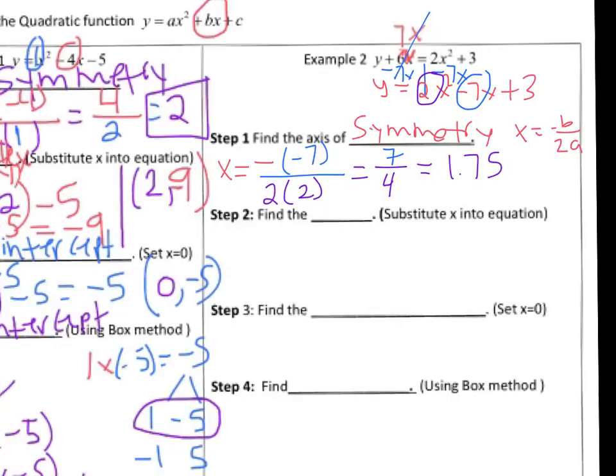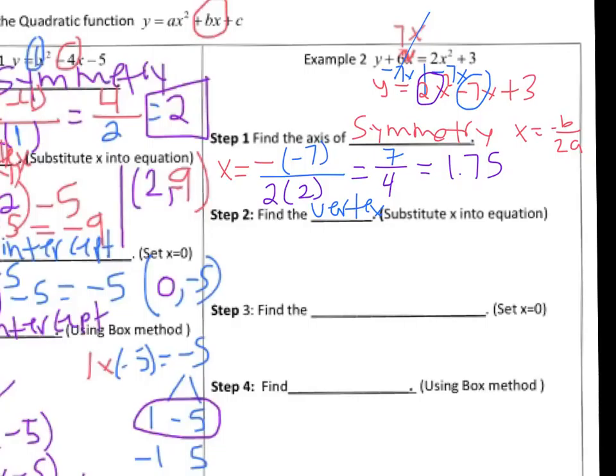Step number 2, we're going to find the vertex. The vertex means we're just going to substitute the x into the equation. It's up to you if you want to substitute the fraction or the decimal, but the fraction has a little more accurate value because it's not estimating a decimal value. So I'm going to substitute the fraction in for all of our x values up here.